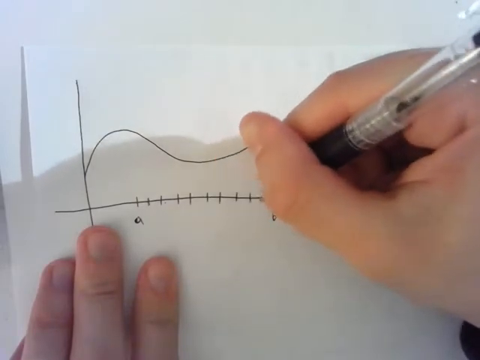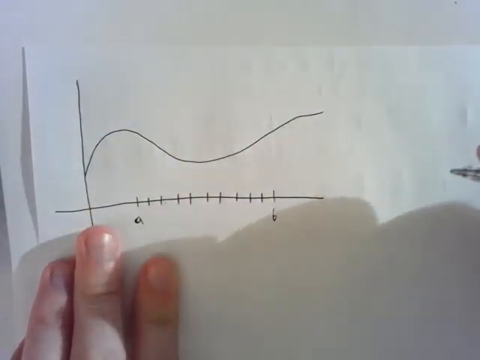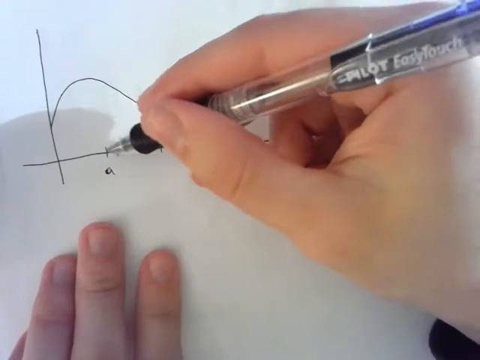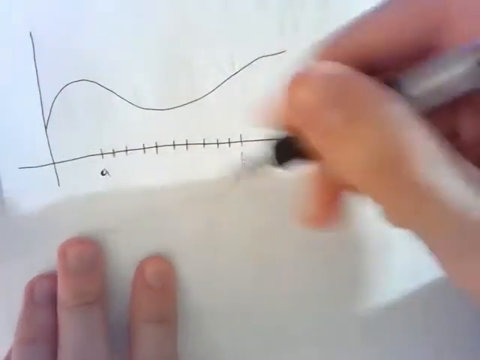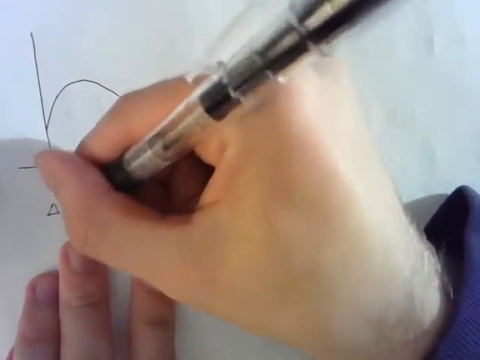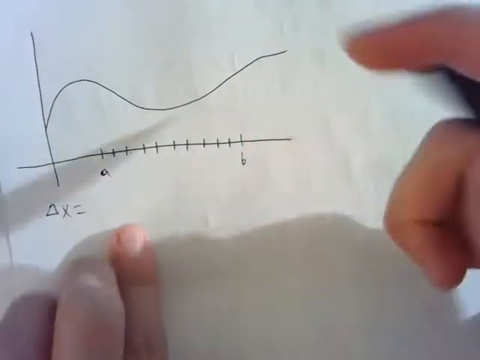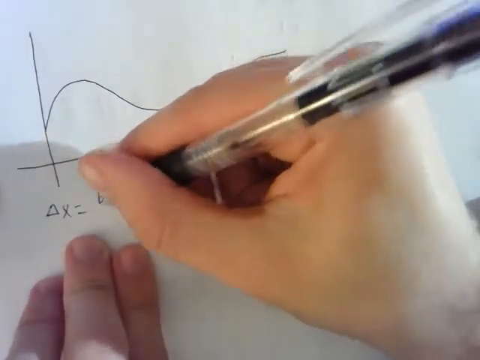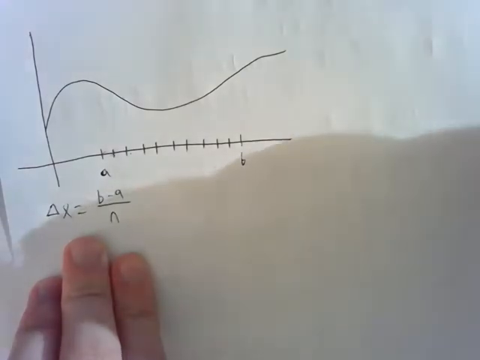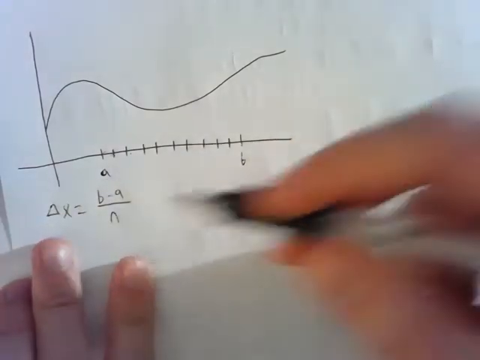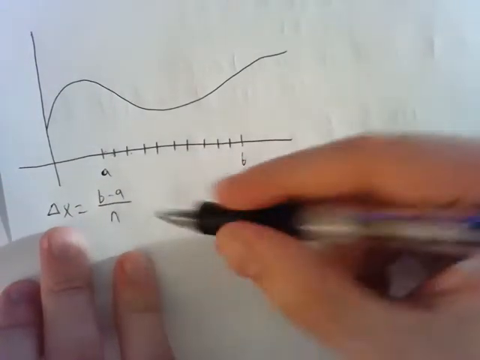And so what's the width of each of these rectangles? Well, it's going to be the total distance, b minus a, divided by the number of rectangles that we want. And we're going to call this distance delta x. So delta x is just this width here.